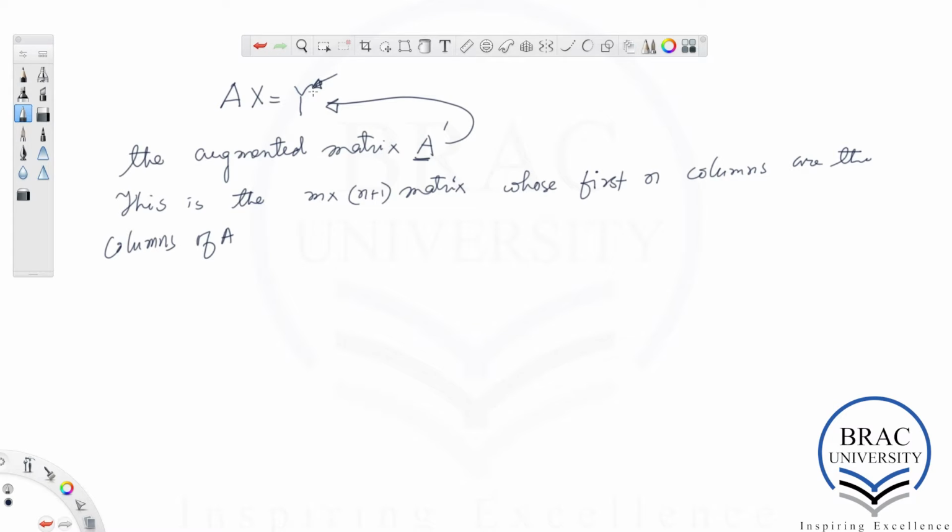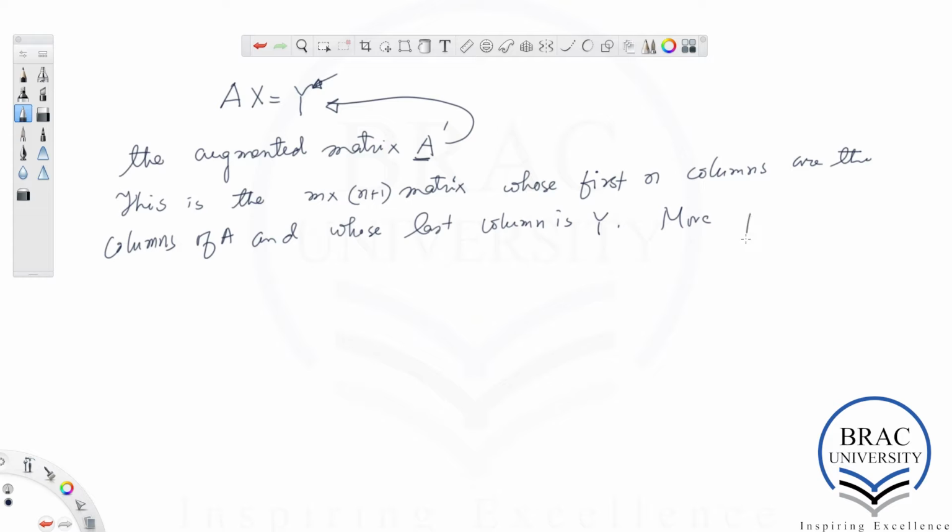So whose first n columns are the columns of A and whose last column is y.